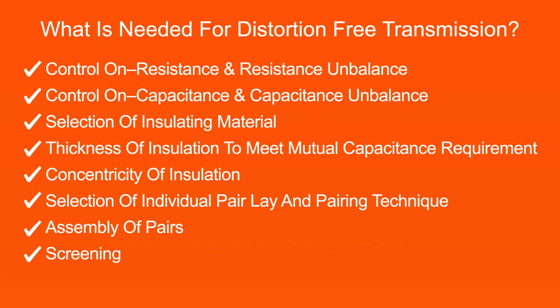It is control on resistance and resistance unbalance, control on capacitance and capacitance unbalance, selection of insulating material, thickness of insulation to meet mutual capacitance requirement, concentricity of insulation, selection of individual pair lay and pair techniques, assembly of pairs, and screening.